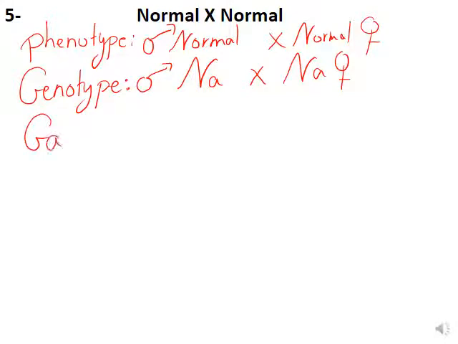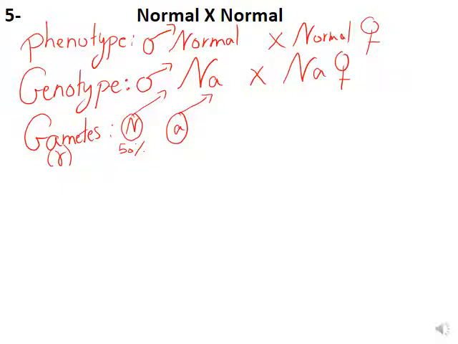Gametes, of symbol gamma. So here we have 50% N, and 50% A. And crossed with what?